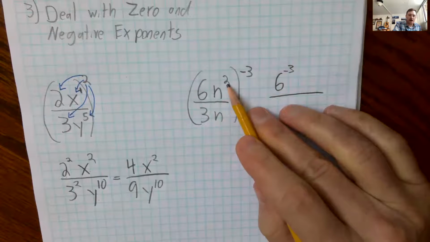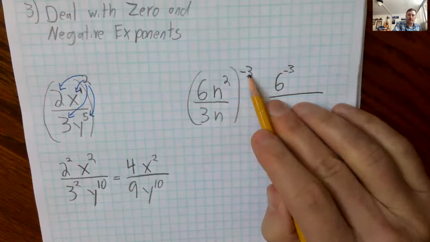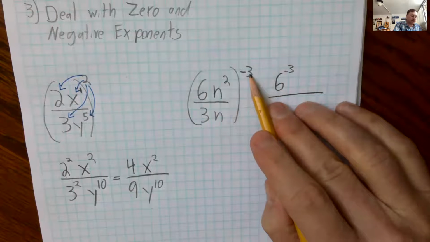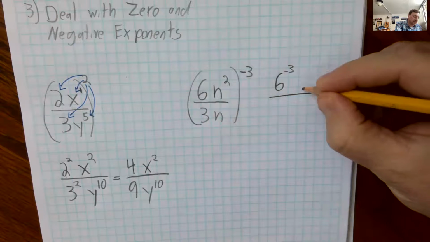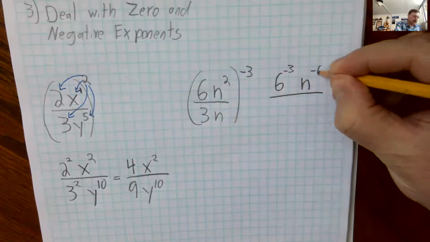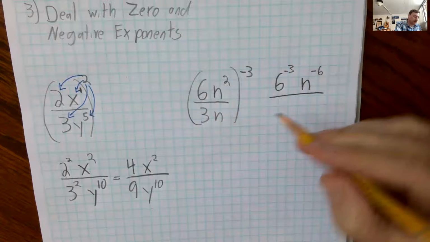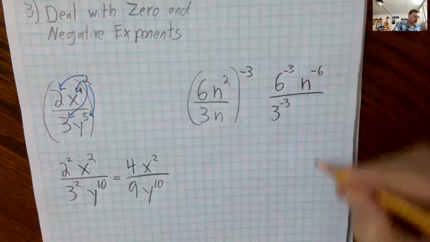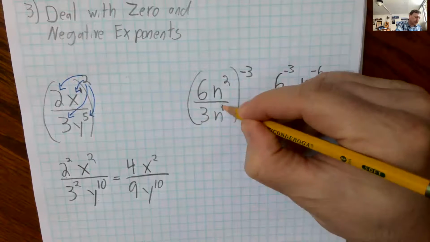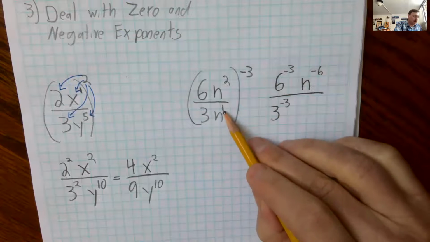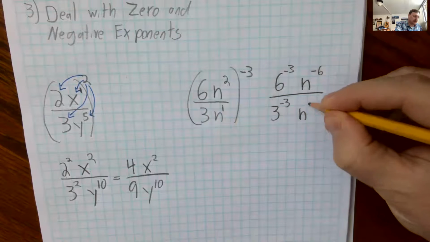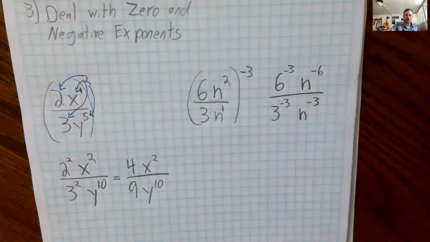N to the second power, well, all I need to do is multiply my exponents. 2 times -3 is -6. So this becomes n to the -6th power, 3 to the -3 power, and n, there's a 1 there. I can do 1 times -3. My exponents become -3.